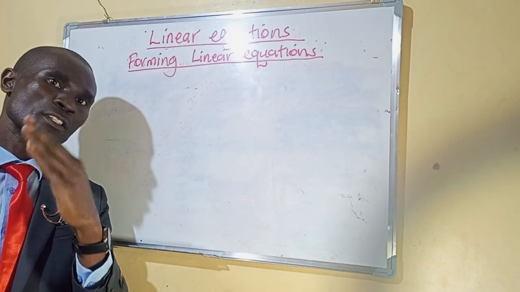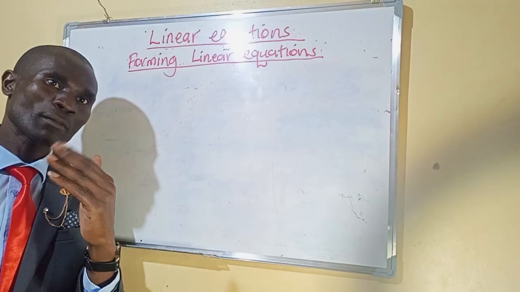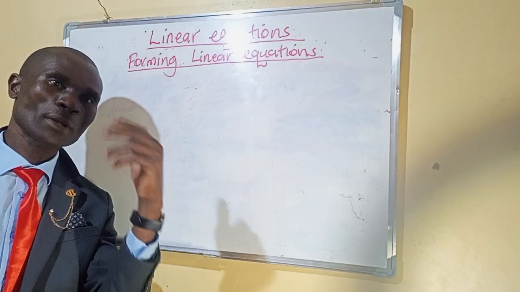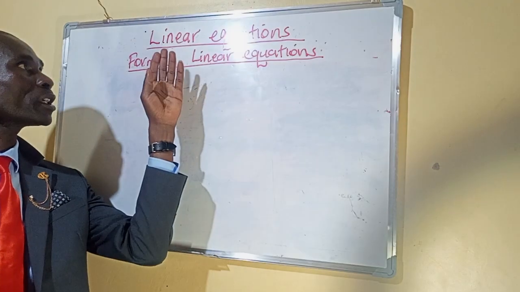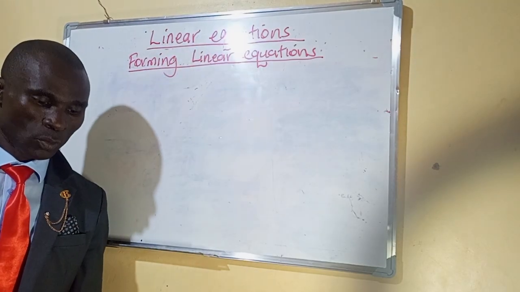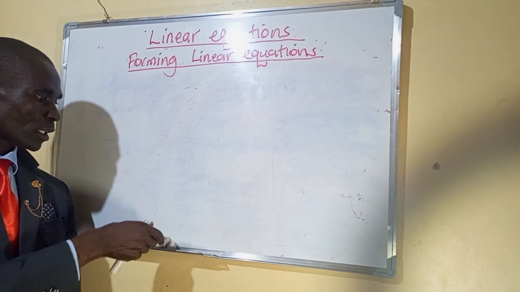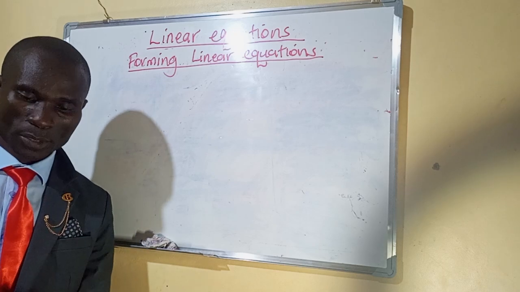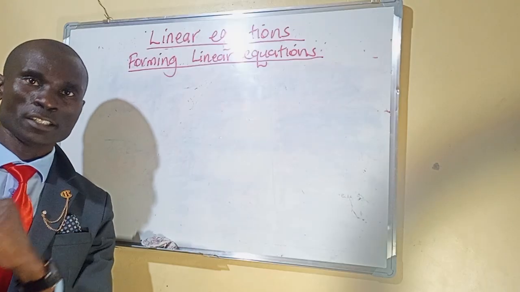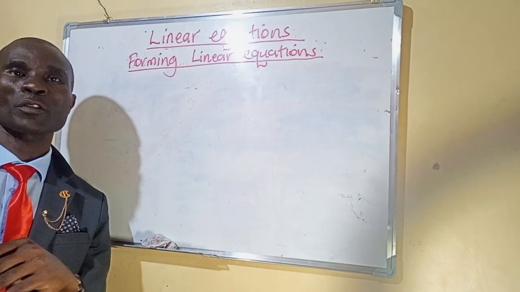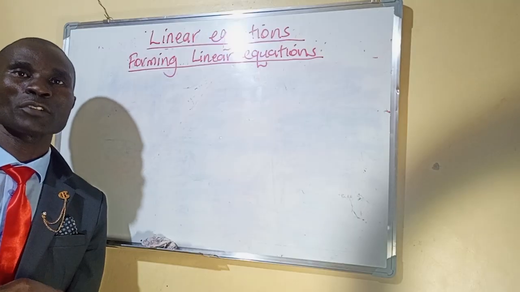Now, at times, it is good to stop whatever you're doing and do some kind of a recap. Therefore, if we are talking about linear equations, earlier on in the previous work we talked about linear inequalities, and we went through the definition part of it.